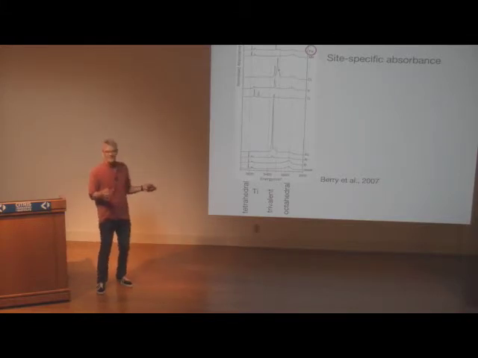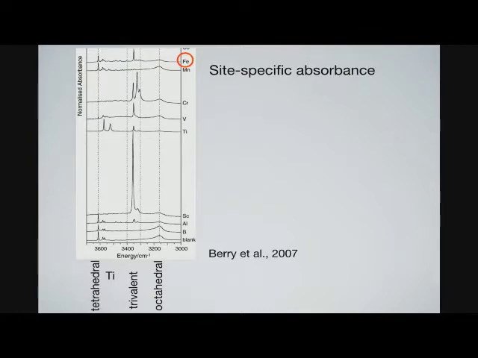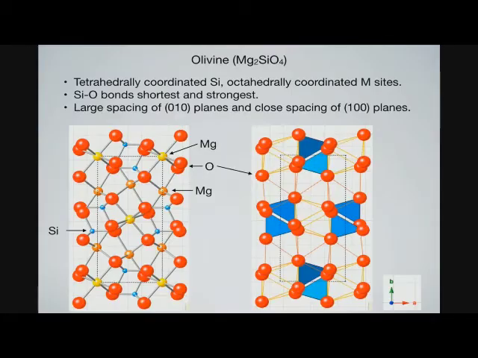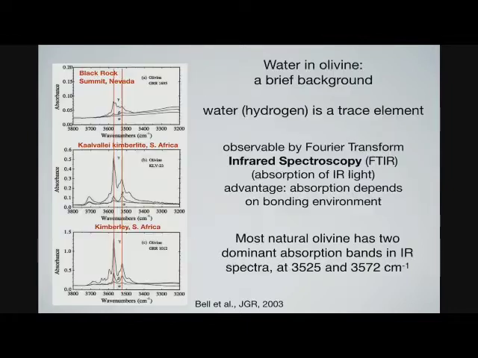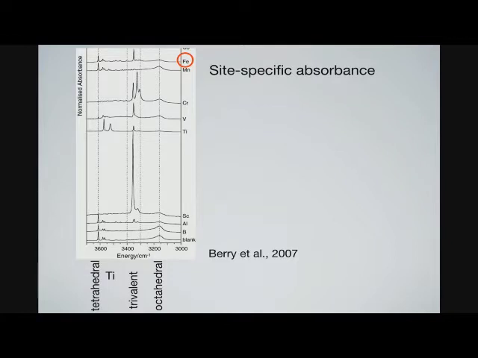Magnesium vacancies are essentially insignificant, right? Across all infrared spectroscopy, it's very difficult to get significant absorbance in this magnesium vacancy region, where the canonical dry model says you should have lots of magnesium vacancies. This should be the dominant defect. But if you hydrate the olivine, this is insignificant.